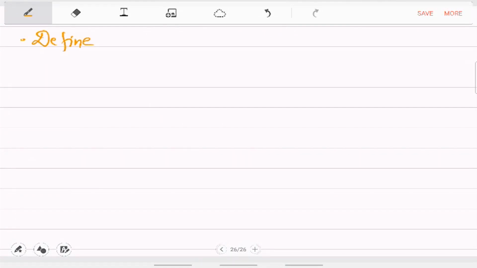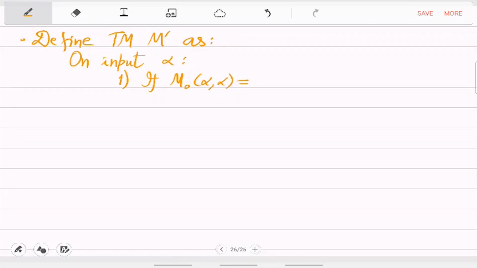So define Turing machine M prime as follows. So given input alpha, if M0 on alpha comma alpha is 1, then output 1. Okay, so what is the behavior of M prime?